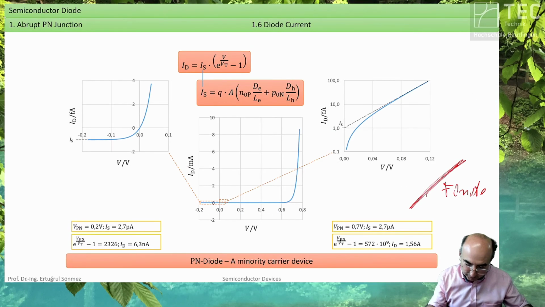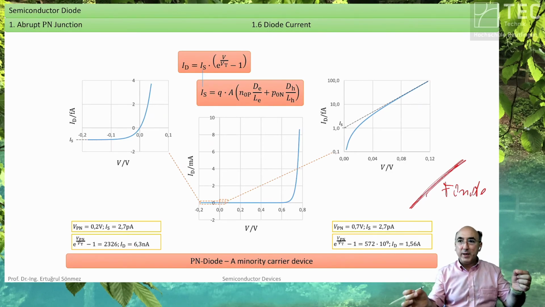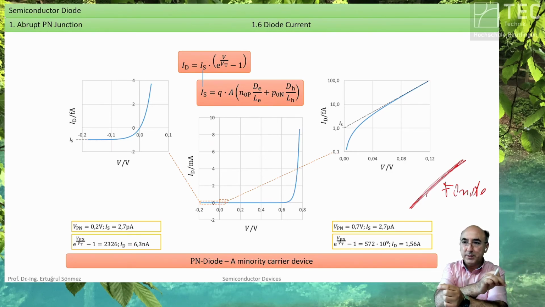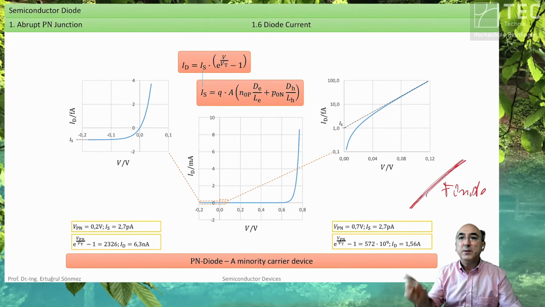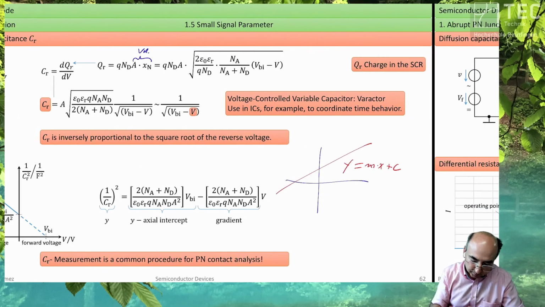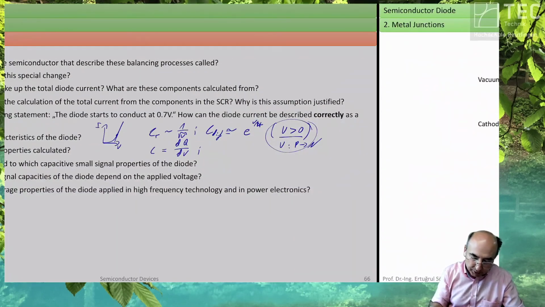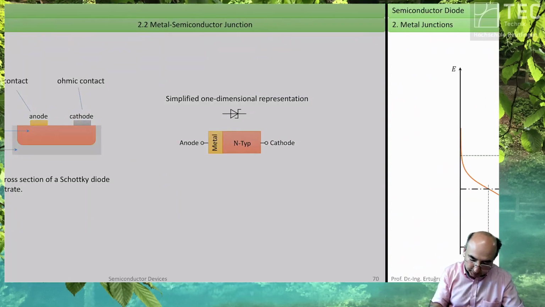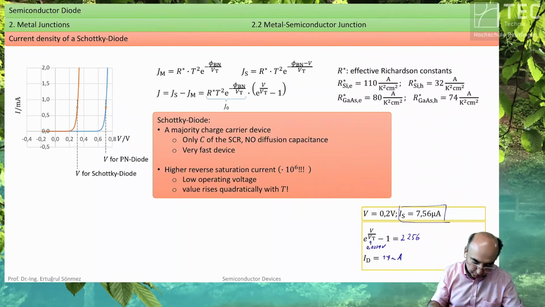But the poor guy has also an advantage. If you have reverse biasing at high voltage levels, the power level is very low as excess heat. Point one. Point two, this current level stays low and is not exponentially, quadratically increasing with temperature, like you see it here.